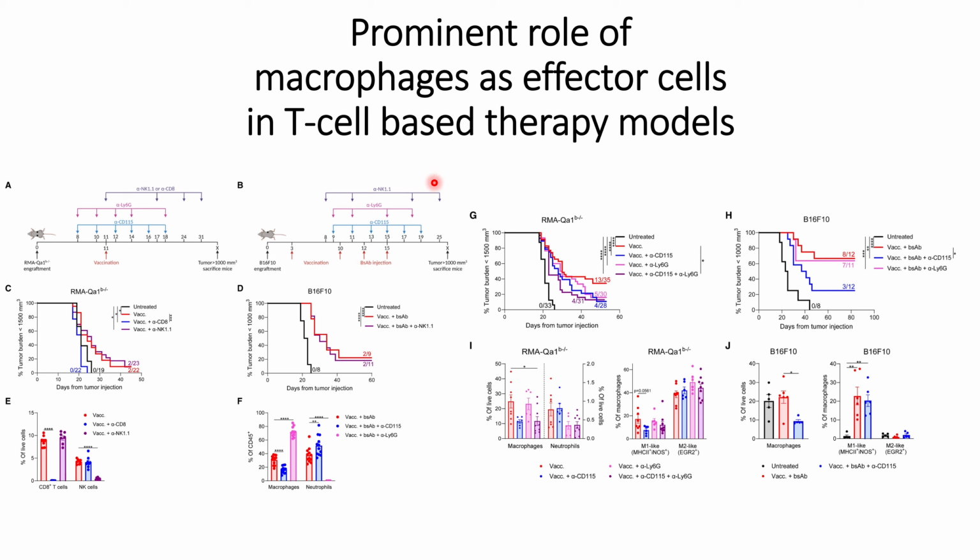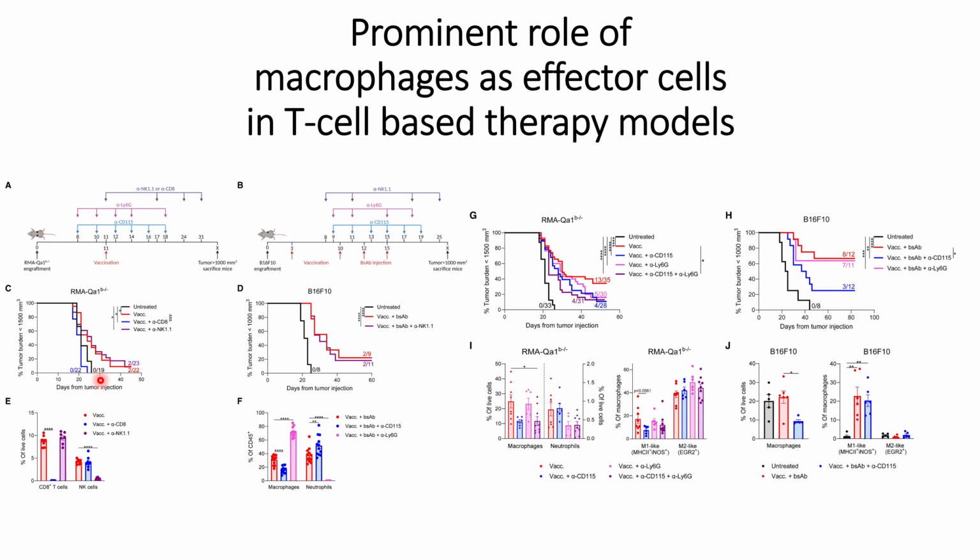The depleting antibodies are used at different time intervals shown in this figure. Thereafter, they checked the tumor burden at different time intervals after the injections of different vaccines and different antibodies against different immune factors.